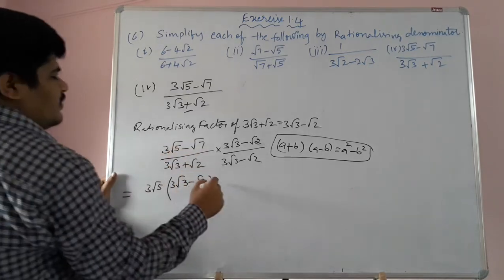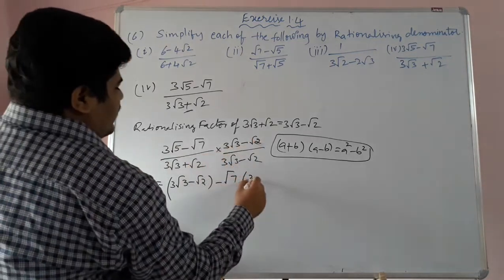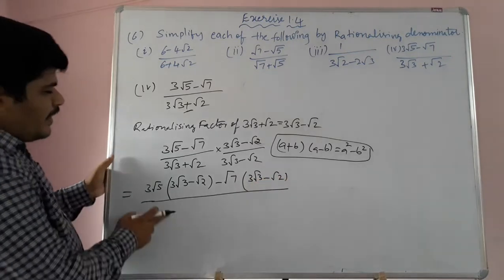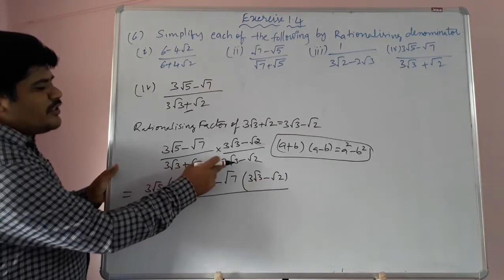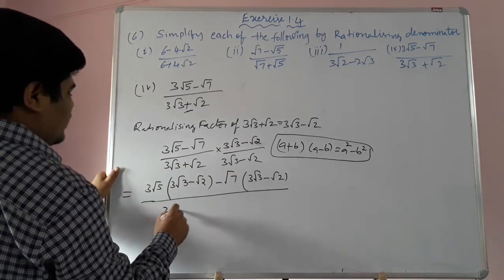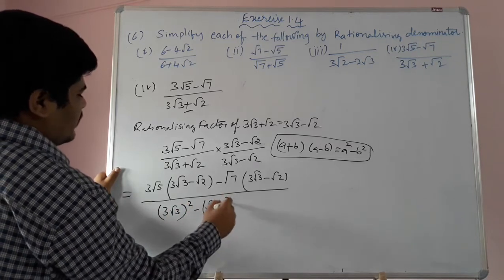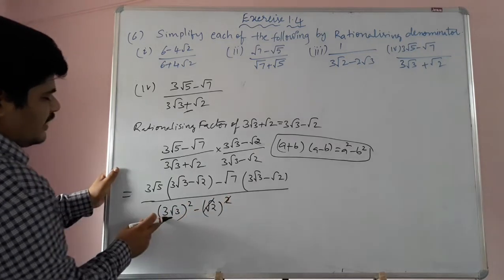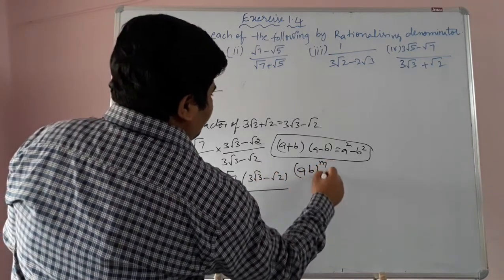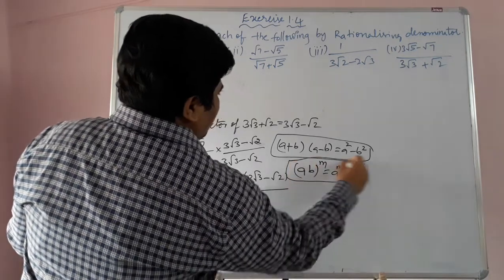Minus root 7, so write minus root 7 into this whole (3 root 3 minus root 2). Yeah, by (3 root 3 plus root 2) into (3 root 3 minus root 2), we can write it as (3 root 3) whole square minus root 2 square. So the square and root cancel, and here it is in the form of (a into b) whole to the power of m, which is equal to a power m into b power m.